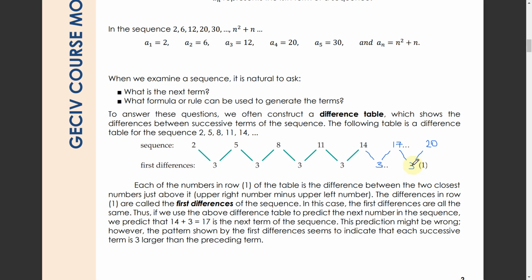But we are not sure that it is really so, right? Remember the counter example in our previous module: it does not mean that if the first four terms are true, the fifth will also be true. There are times when it can be false. But based on the difference table, we can make a conjecture. Our conjecture is that the next number in the sequence is 17, and after 17 is 20.